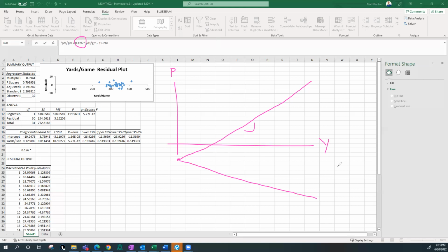So here's the other way to do it. If you plotted points per game here, and yards per game there, then your points per game, now this gets confusing. So when y is 0, points per game will be negative over there. On the negative.